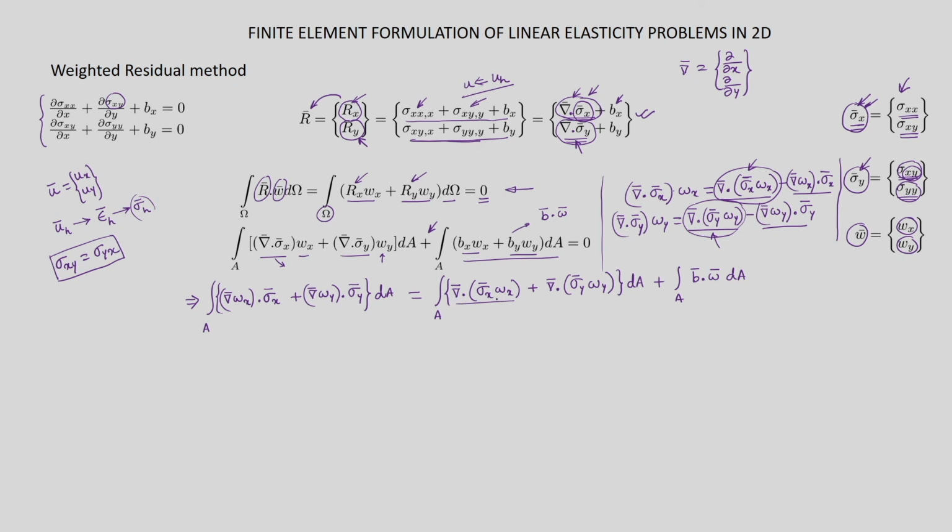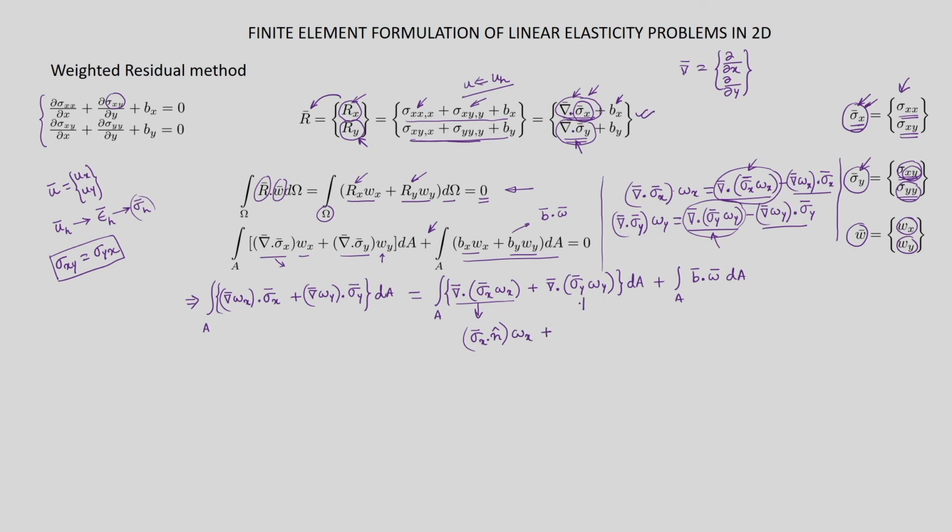we will write this as the normal component of the vector field along the boundary, which we have to integrate. So if I use the Gauss divergence theorem, this term we are writing as sigma x bar dot n, the normal component of sigma x bar, into wx, this is a scalar.